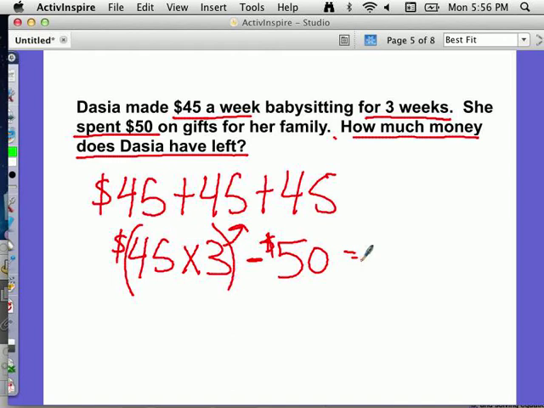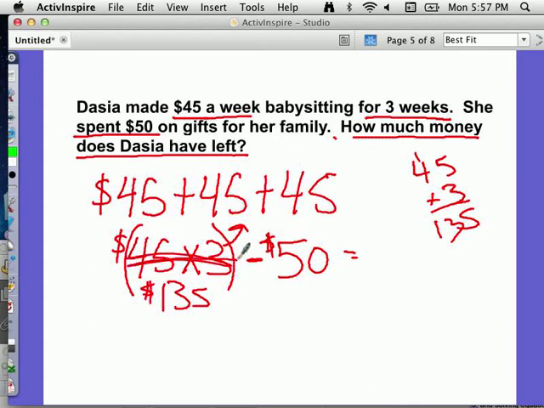45 times 3. Well, let's always work out our problem. 3 times 5. It's 135. So we have 135 right here. She made quite a bit of money, didn't she? So she has 135 minus $50.